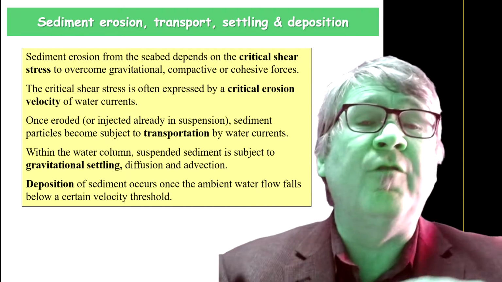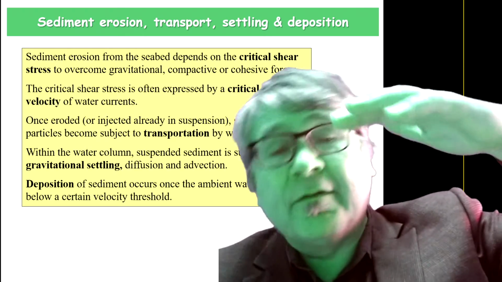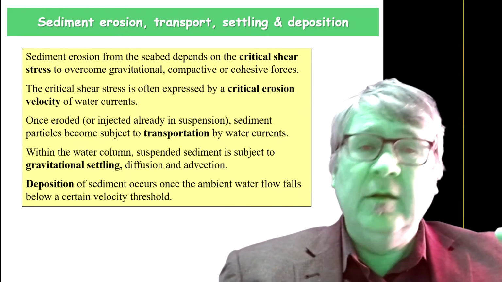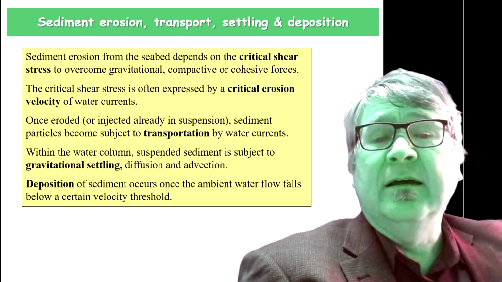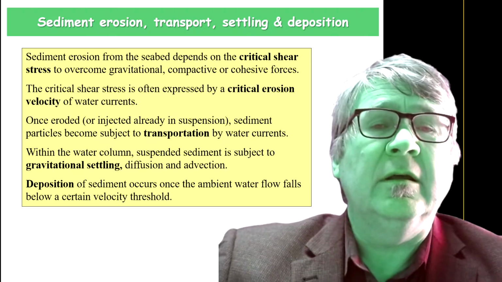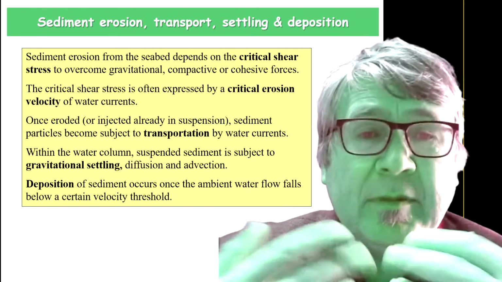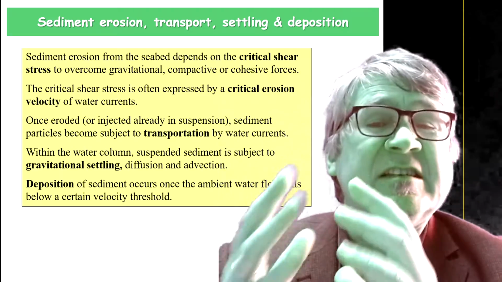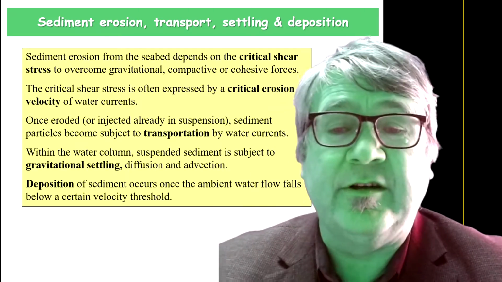And you can refer to a certain level above the seafloor, say 1 meter above the seafloor. Once you have a certain threshold velocity, the sediment can be eroded, stirred up from the seafloor, and become suspended and can be moved around, essentially.